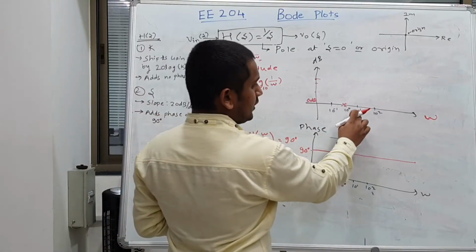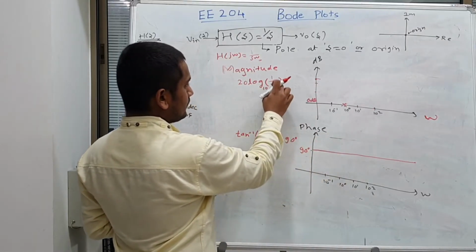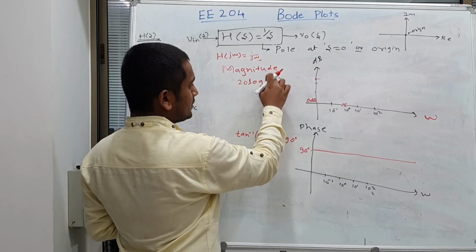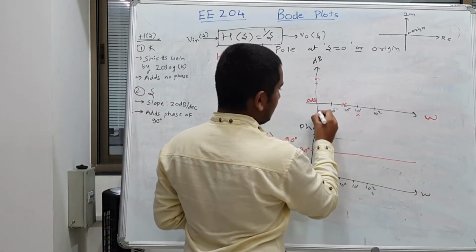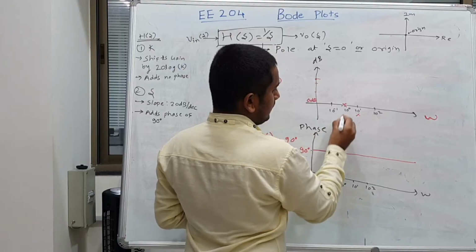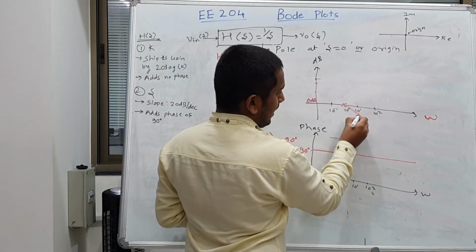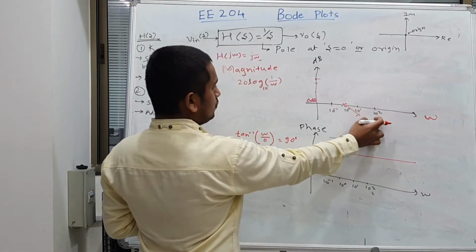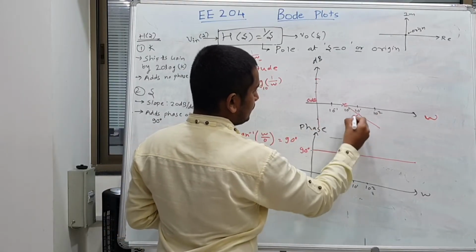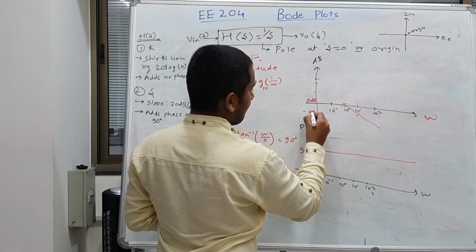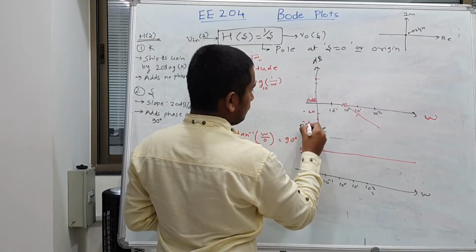When we substitute 10 to the power 1, it will give 10 to the power minus 1. Minus 1 comes outside and it gives minus 20 dB. And when it is 10 to the power 2, it will convert to minus 40 dB. So this is minus 20 and this is somewhere minus 40.